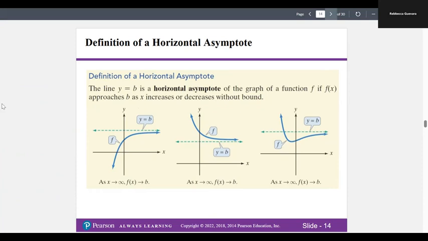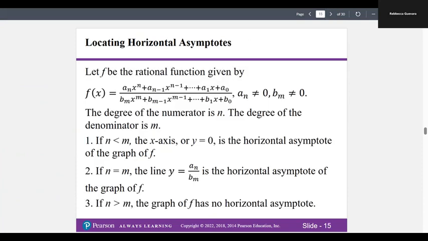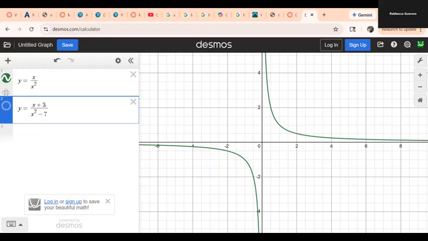So, locating horizontal asymptotes. Let me go back to Desmos quickly to show you what this is going to mean. Here, in the green, we have x over x squared. What we see is that as my x values are heading out towards infinity, my y values are getting closer and closer to 0, the x-axis.